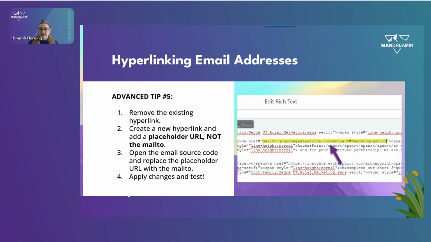Also, just to note that your spaces need to be represented by a percent sign and then 20, the number 20. That's what Account Engagement recognizes as spaces in the HTML. So that could be something you're running up against if it works for you, but your subject line is all scrunched together. Make sure you're not separating words by plus signs or something else.